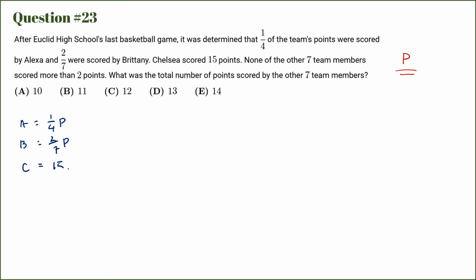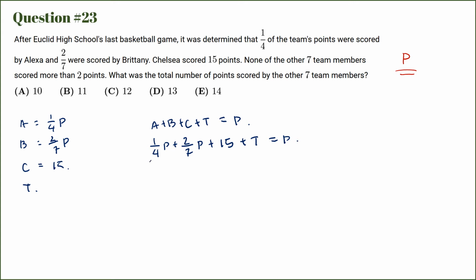Let's denote all the points scored by the other team members as T. So A plus B plus C plus T must equal P. Let's plug in the values we know. A equals 1/4 P, plus B who equals 2/7 P, plus C that equals 15, plus T, which we need to find.